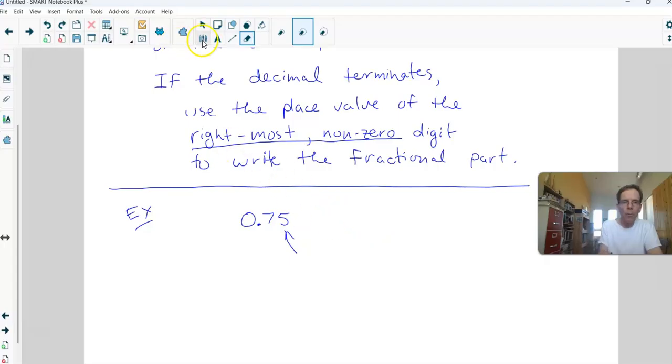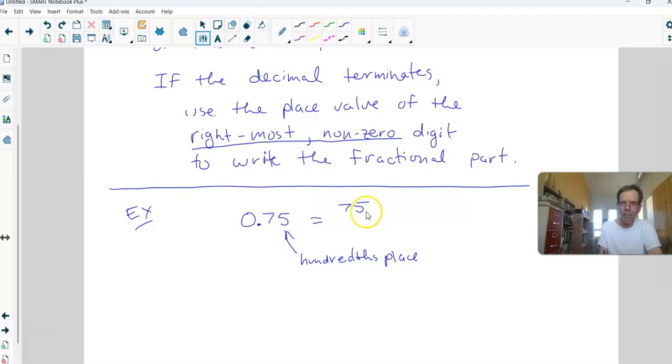Well, let's remember our place values. The first place to the right of the decimal is the tenths place. And this is the hundredths place. And that 100 is really what is the key element here. We have 75 hundredths. And that alone tells you what the fraction is. It's 75 hundredths.